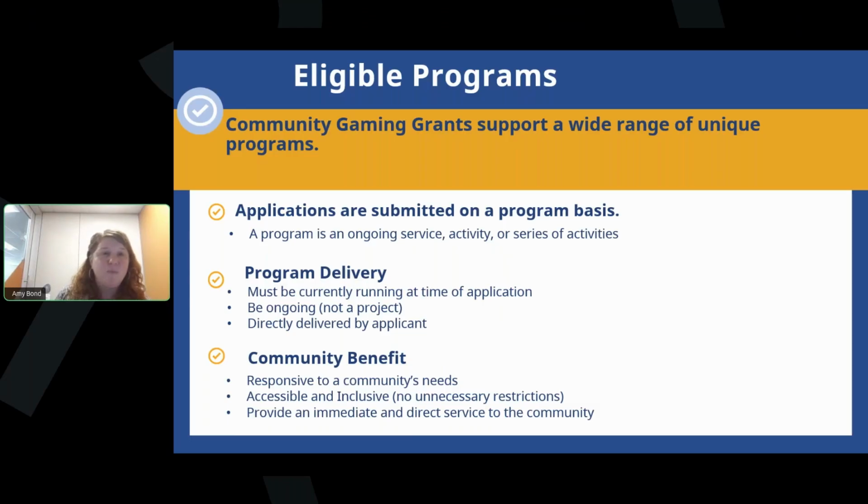Is a huge range. So we try to keep things fairly general. The applications themselves should be submitted on a program basis, and we define a program as an ongoing service, activity, or series of activities.